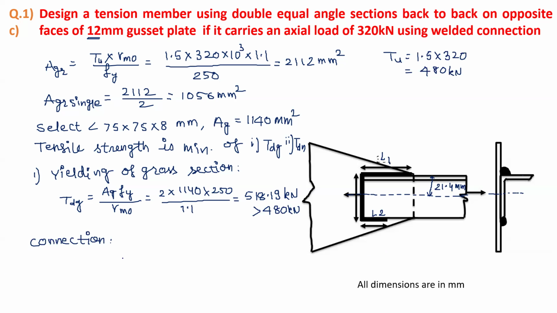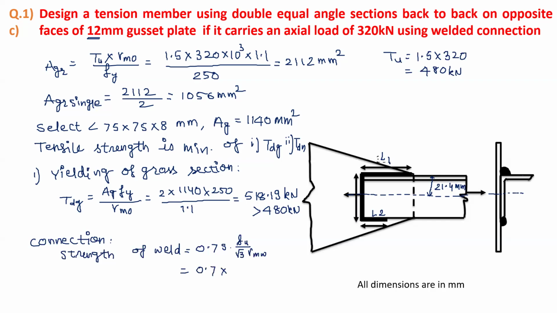That will be connected to the leg. So now connection. We have strength of weld, equal to 0.7 S into Fu upon root 3 gamma mw. And then we put the values.